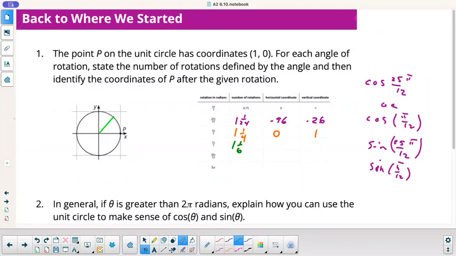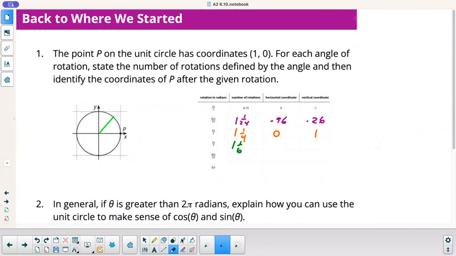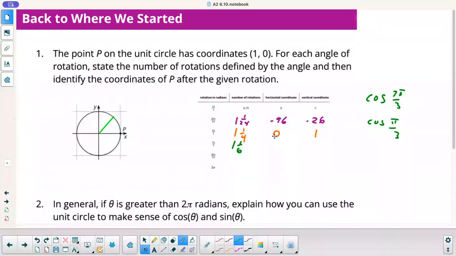So here, for that one, you could say cosine of 7 pi over 3, or you could say cosine of pi over 3. Should get the same number here. Type it in my calculator, and I get 0.5.